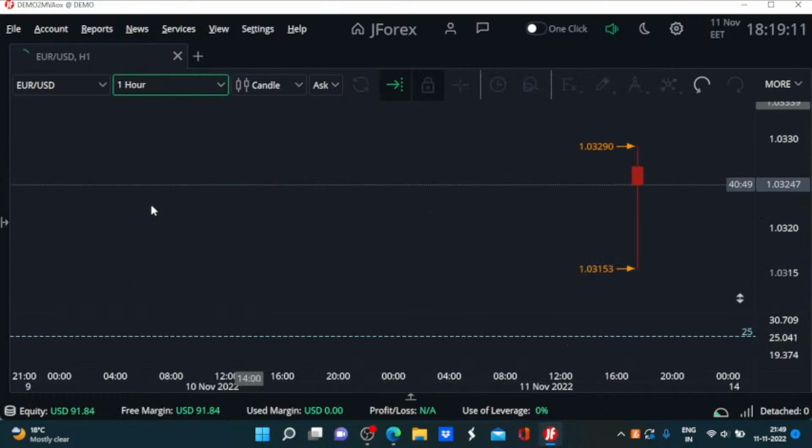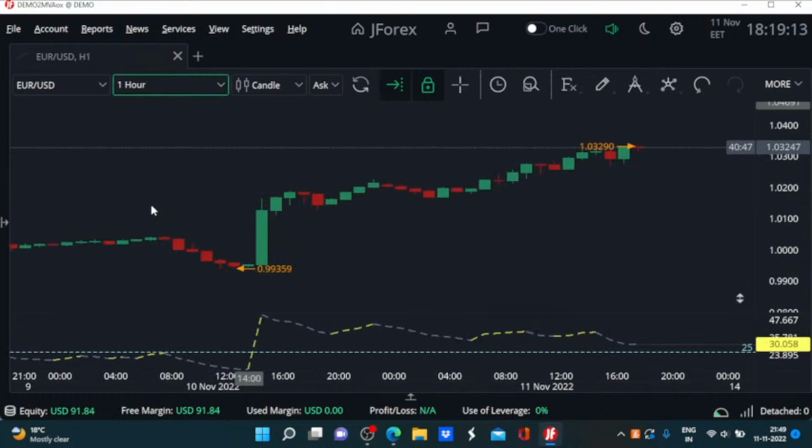So with this, I think I am almost done with these indicators' introductory examples, how you can utilize this indicator to look for profitable trading opportunities in the market.